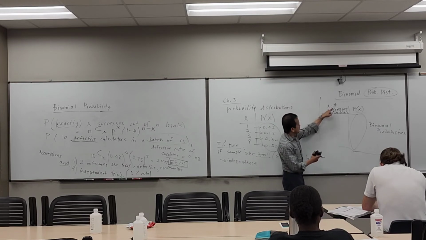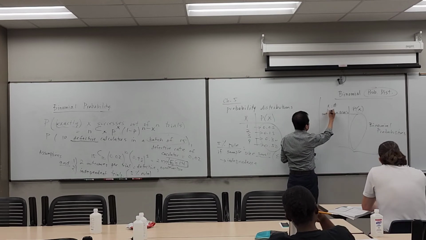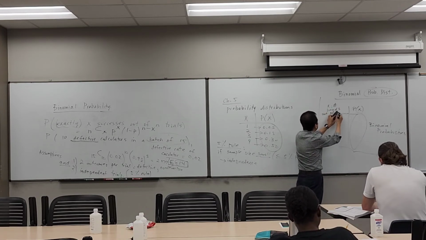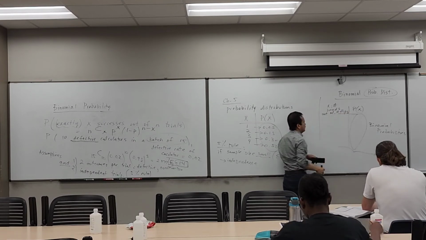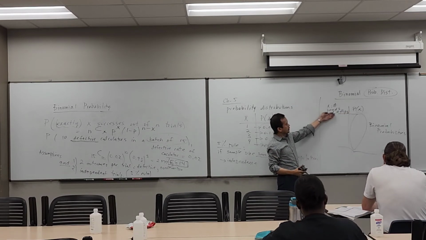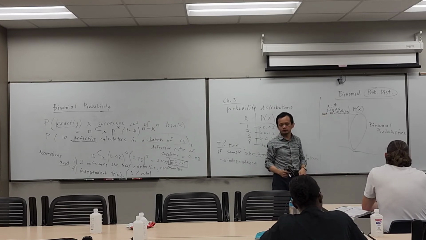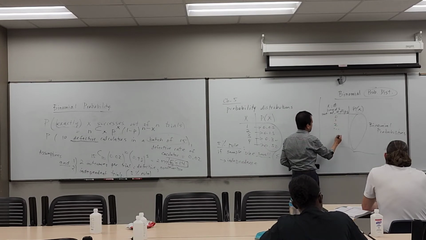So x here represents the number of heads out of 10 flips. What are all the possible values you could observe? 0 up through 10. All the values between 0 and 10.